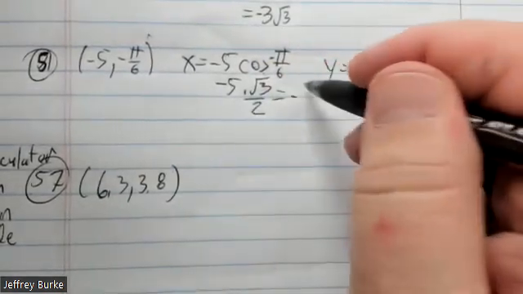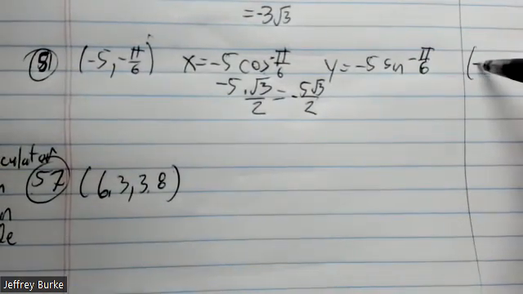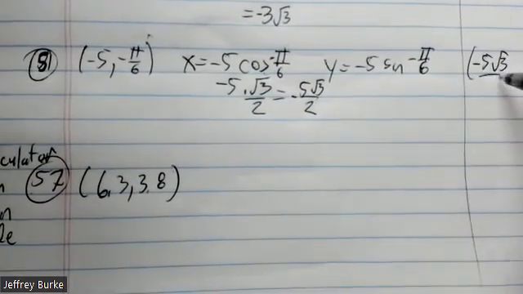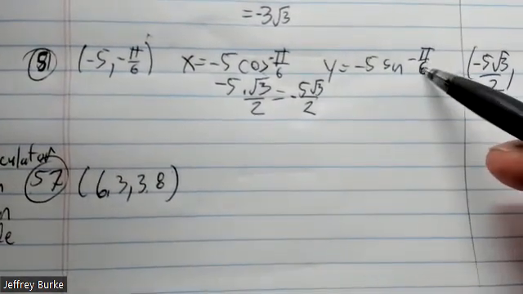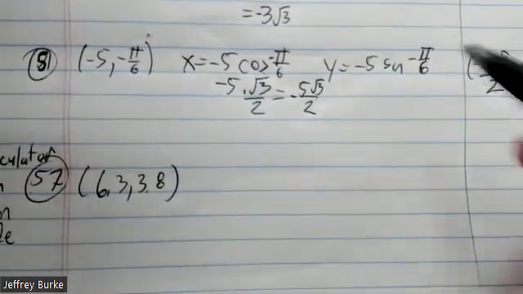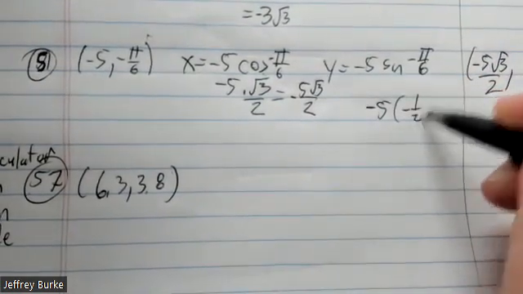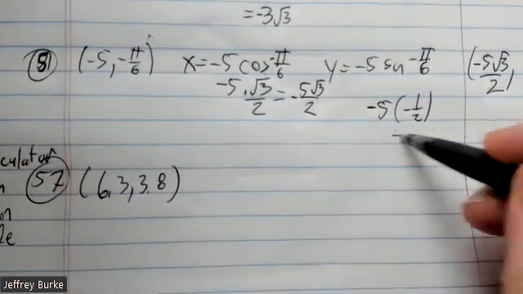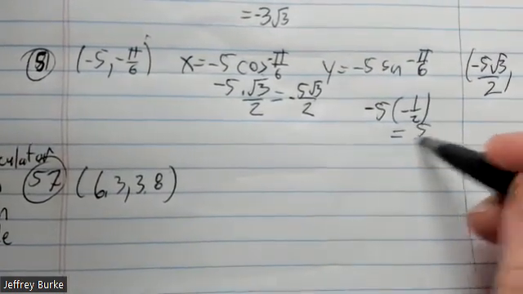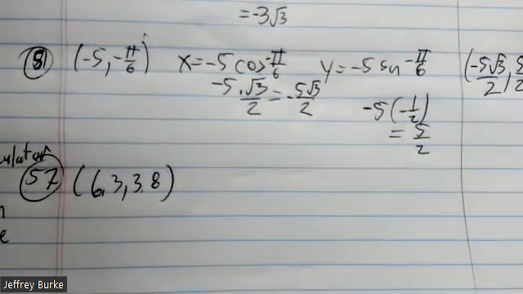And that's just gonna be -5 radical 3/2. So that's gonna be the x coordinate. And the y coordinate, in the fourth quadrant sine's negative, and that's gonna be -1/2. So it's gonna be -5 times -1/2. Well, these are both negative, so 5 times 1/2 is just gonna be equal to +5/2. And that's gonna be 51.